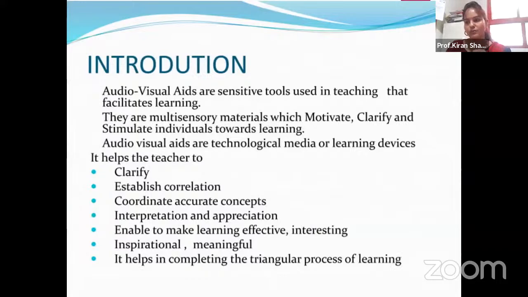So what are audio visual aids? In simple terms, we can define it: the AVAs are the teaching tools that make learning easy for the students, and they make learning effective and interesting. An AVA is an instructional device in which the message can be heard as well as seen.